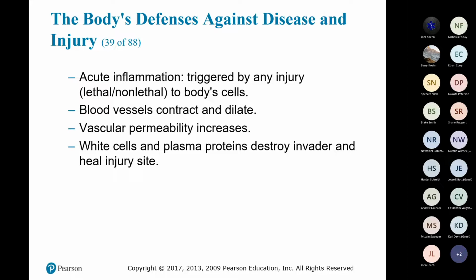Cell injury can result from things such as hypoxia, so lack of oxygen, chemicals, maybe an inhalation injury, infectious agents such as bacteria or viruses or even parasites, trauma, heat. What's on the other end of that? Cold as well. Nutritional imbalances, genetic factors. Those are all things that can cause inflammation.